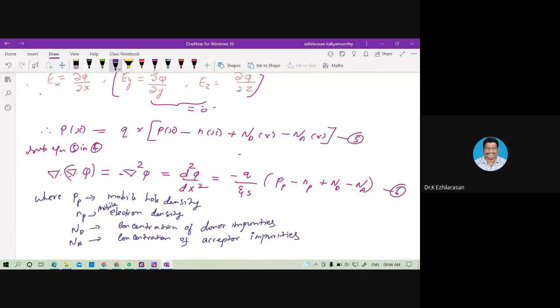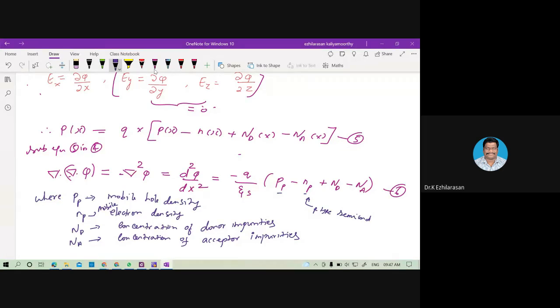Now, the subscript p, wherever you can see it, denotes that we are considering a P-type semiconductor. Yes, we are considering a P-type semiconductor.